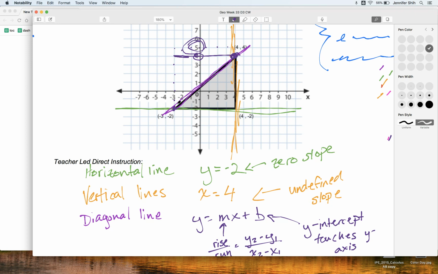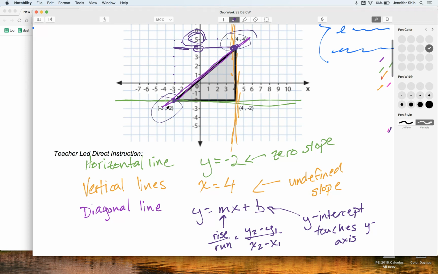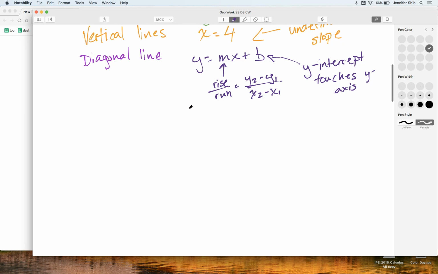Let's take these two points, -3, -2 and 4, 4, and use the slope formula. You get to choose: pick one of these points as x1, y1, and pick another one as x2, y2. If you're having trouble with this part, ask a neighbor.